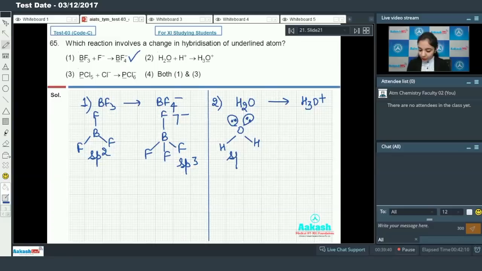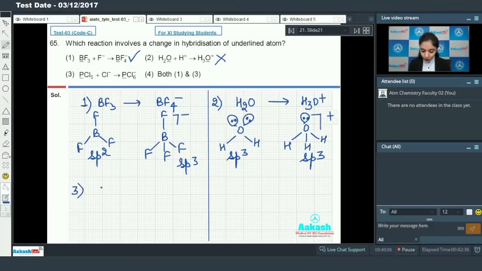So hybridization is sp3, and when it is converted to H3O plus, it means one lone pair is being donated to H. So here 3 bond pairs are present plus 1 lone pair. So hybridization will remain the same, that is sp3. So there is no change in the hybridization. So this is the incorrect option.